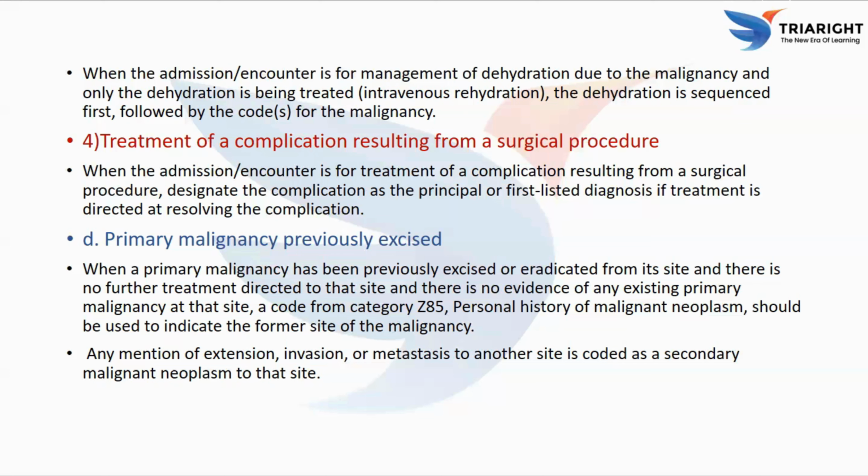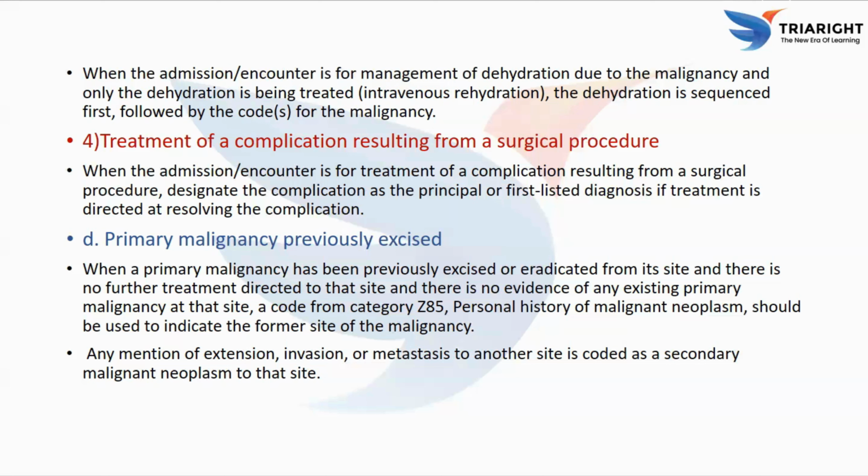So when a complication is the reason for admission, you have to always code the complication first. And the next guideline is about treatment of complication resulting from a surgical procedure. So the patient previously had cancer surgery. Now he is admitted for a post-surgical complication. So treatment is directed at the complication but not the cancer. So what is the sequencing rule over here? Code the complication as a principal diagnosis.